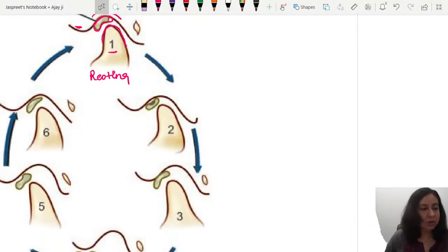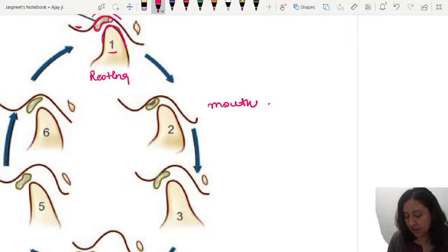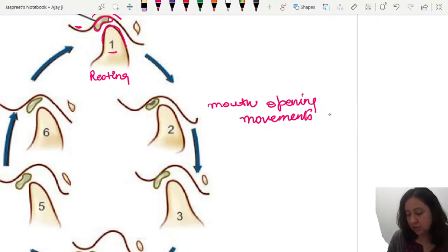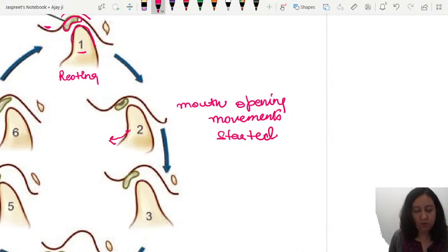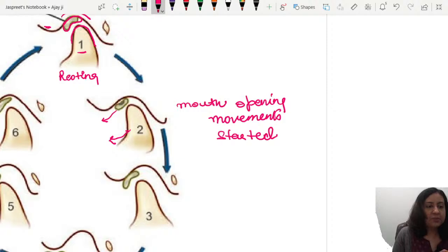Now you can actually ignore picture 2. Here you can see mouth opening movements have started. So what will happen? The condyle will move forward in the glenoid fossa and the disc will also move forward along with the condyle. A synchronization exists between the condyle and the disc in the glenoid fossa.